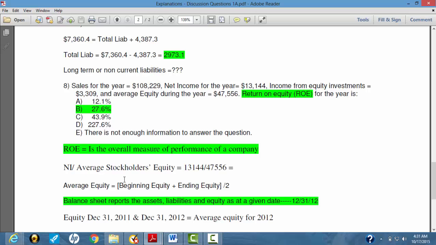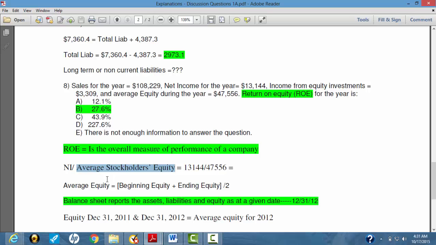So we expect to have a measure of profitability like net income in the numerator. Now it is the return on equity, so stockholders' equity. So for every dollar of stockholders' equity, what is the return or what is the profit? So average stockholders' equity is in the denominator.